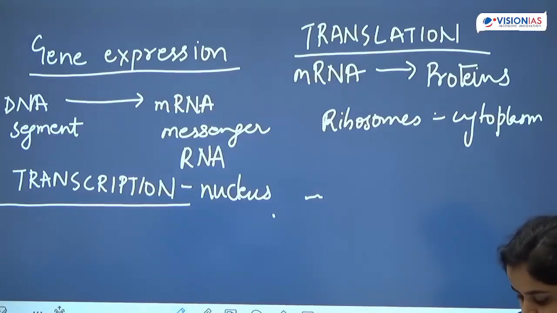And translation of messenger RNA to specific proteins takes place in the ribosomes.